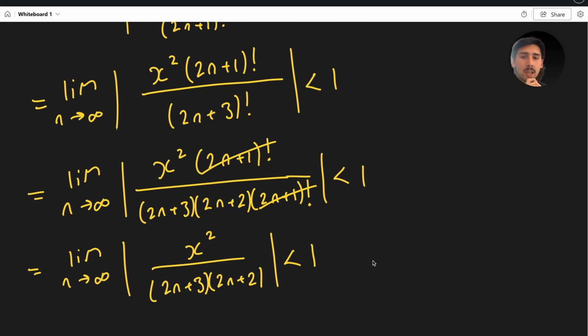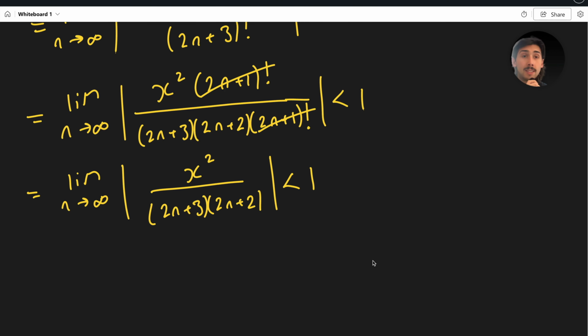Now, guys, once again, let's look at this. Is there a single value of x that would make this not true? Well, no. No matter how big the value of x you choose, as n goes to infinity, we're dividing it by 2n plus 3 times 2n plus 2, and eventually that is going to get bigger and bigger to the point where the fraction is just 0.